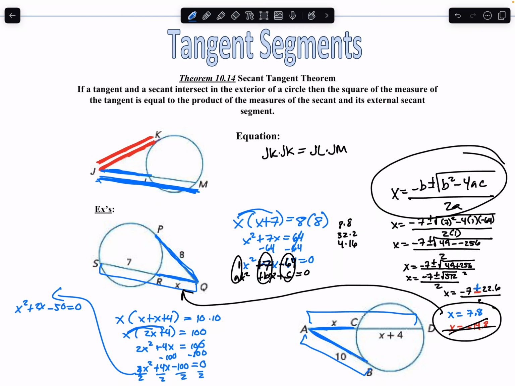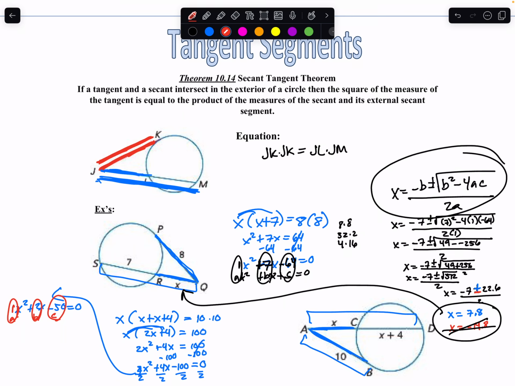Now, I can already see that this one is also going to be a very similar problem to what we did before with the Pythagorean theorem, with the quadratic formula. I noticed that the values of a, b, and c are going to be 1, 2, and negative 50. 2 times 25 is 50, right?